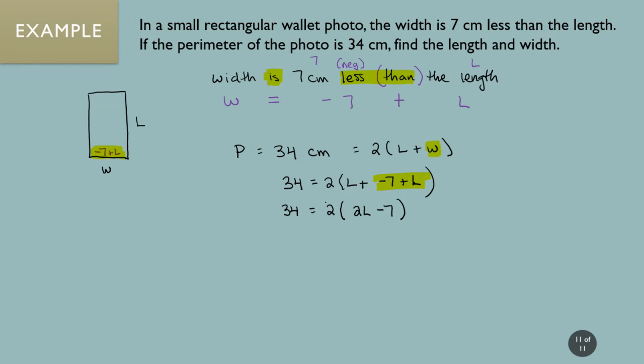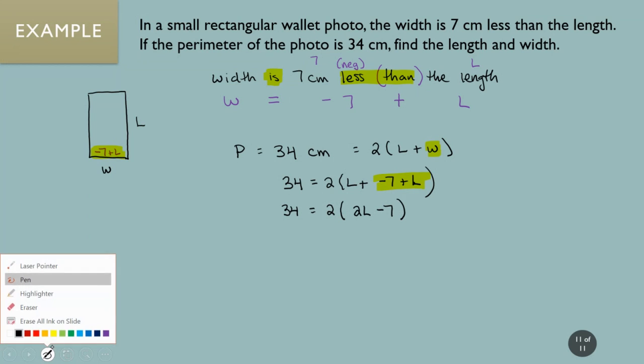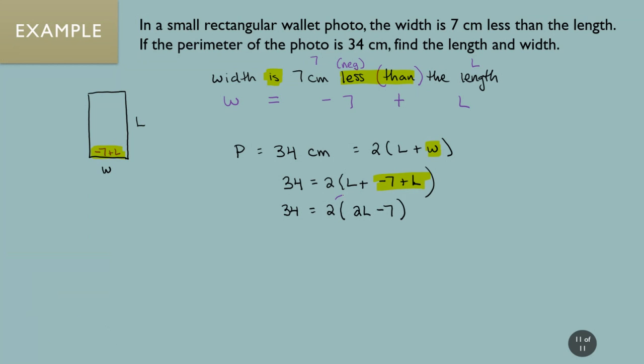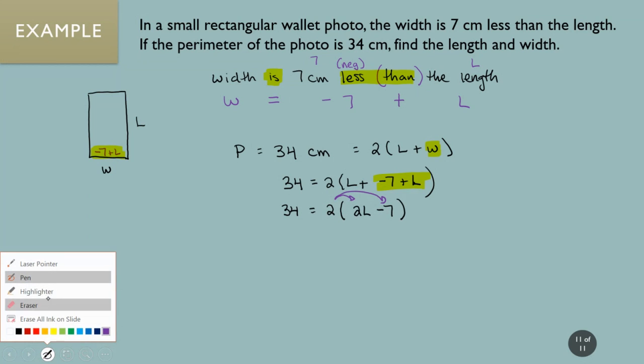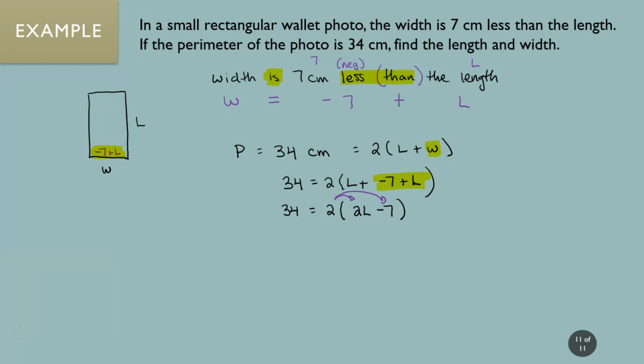So now I'm going to distribute 2 through the parentheses so that I can get that L outside of those parentheses so I can solve for it. So I have 34. 2 times 2L will give me 4L. 2 times -7 is a -14. So I have 34 equals 4L minus 14.